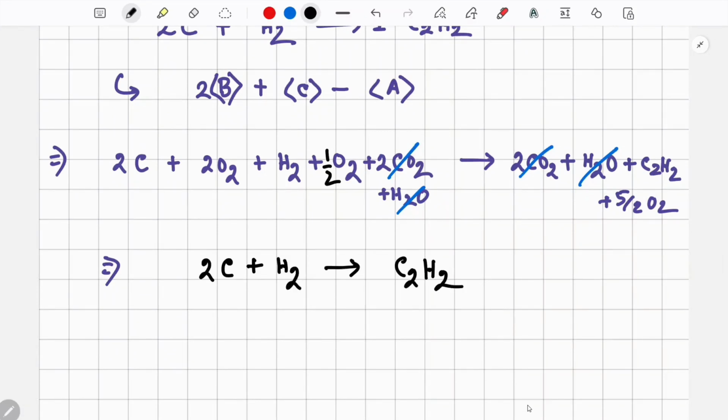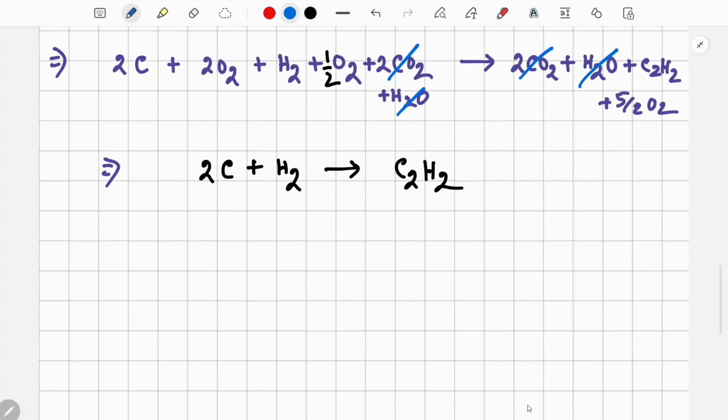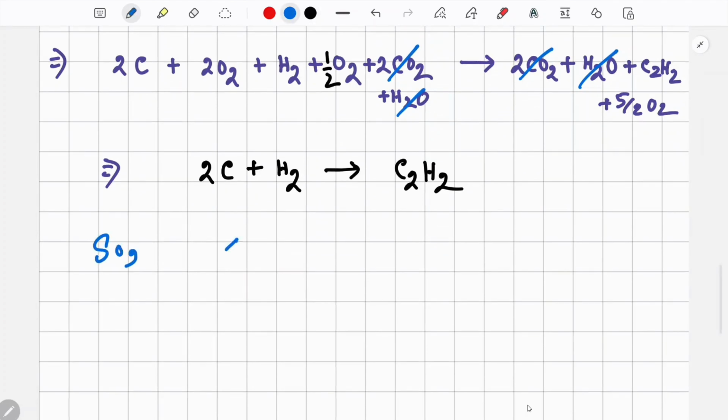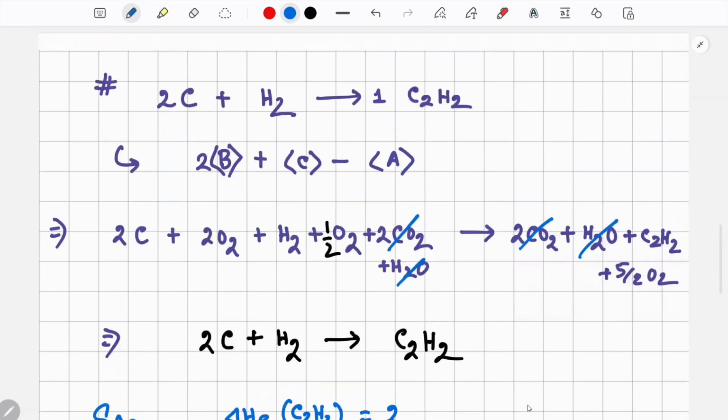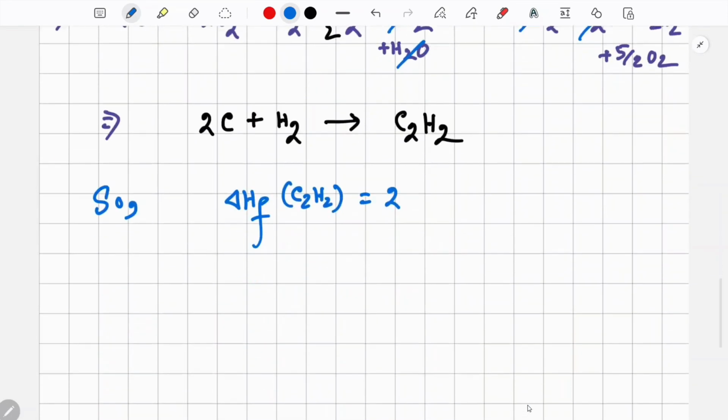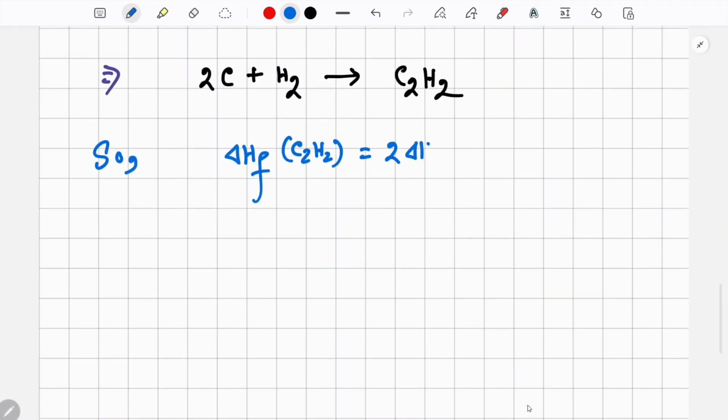Okay. So obviously now we can write delta H formation of C2H2. That will be 2 times B, B is delta HB, so 2 into delta HB plus delta HC minus delta HA.